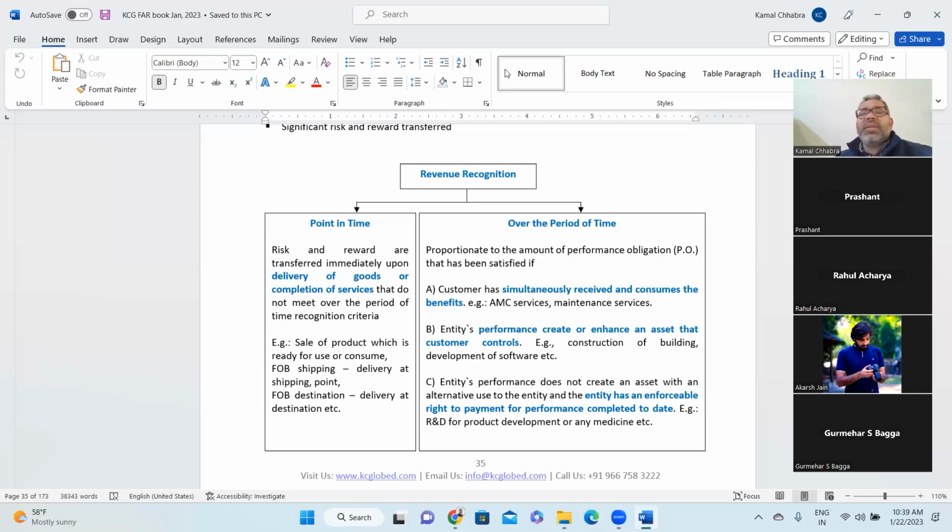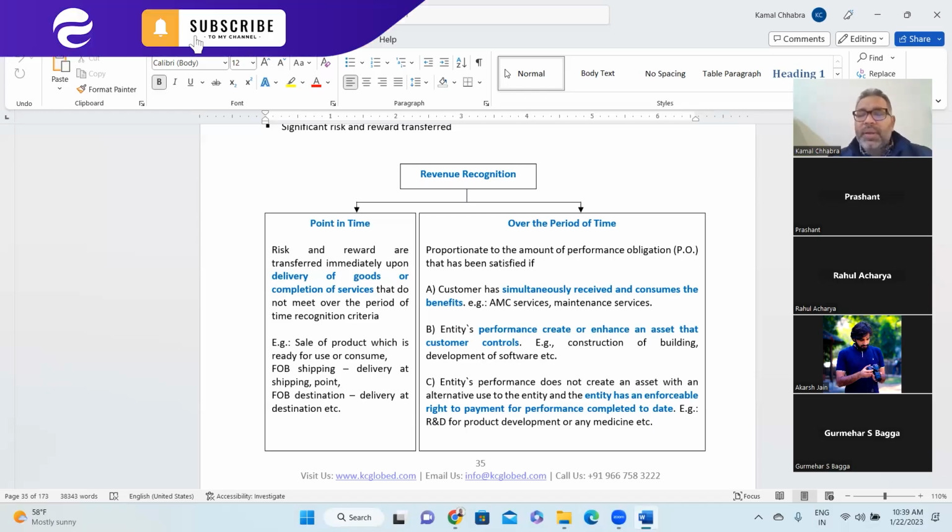This platform cannot be used by anyone else because it is at their facility and it is for their specific use to install the molds, right? Make sense? So if Prashant and Rahul are developing that platform for MRF Tires or maybe JK Tires, then they can recognize the revenue over a period of time because that asset has no alternative use. And the most important part here is that the entity has an enforceable right to payment.